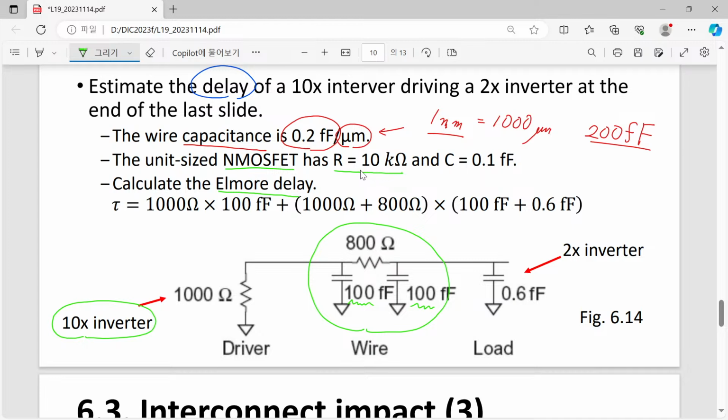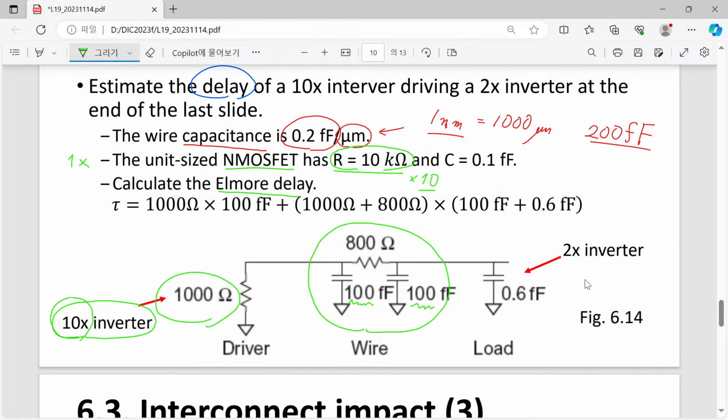However, this is just a unit-sized one, and now we have a 10 times wider inverter, so the resistance of our driver can be reduced by a factor of 10. So we will have just 1 kilo ohm as the resistance of our driver.